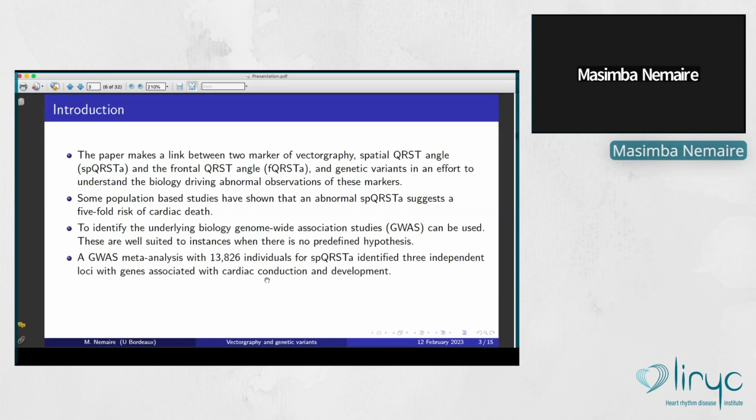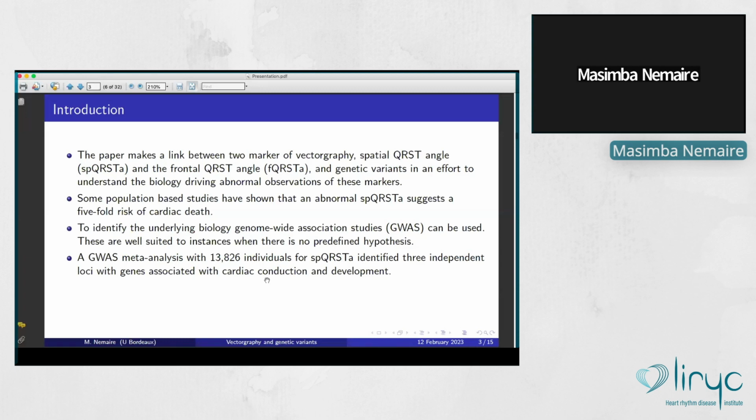There has been a genome-wide association study done with this many individuals that identified 3 independent gene loci associated with cardiac development and cardiac conduction.